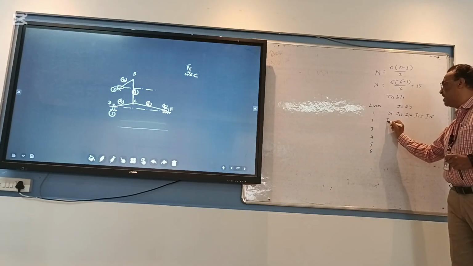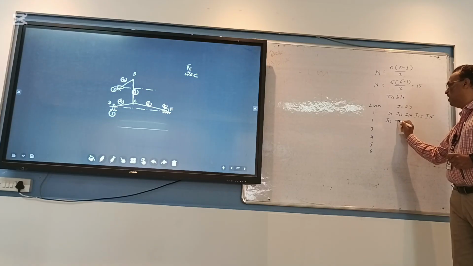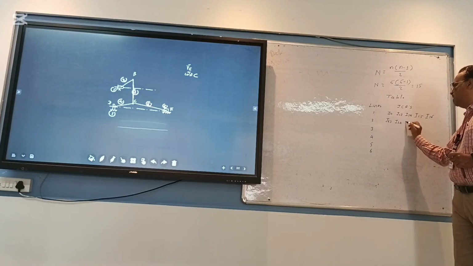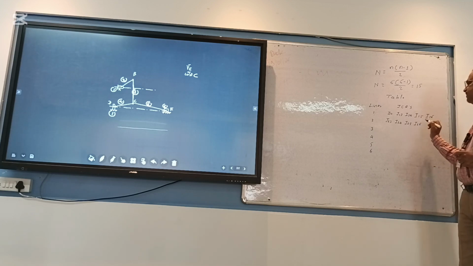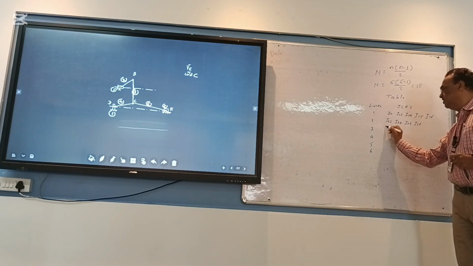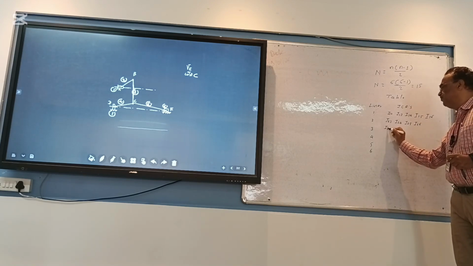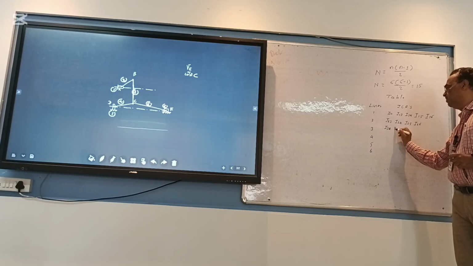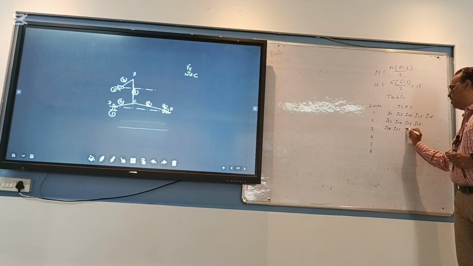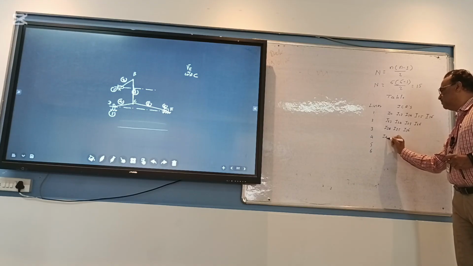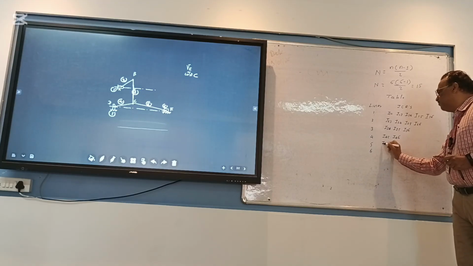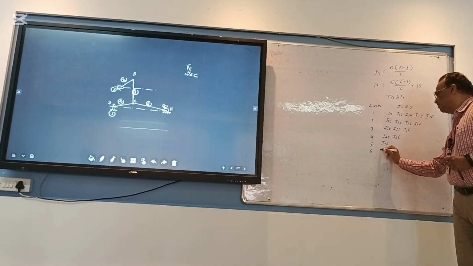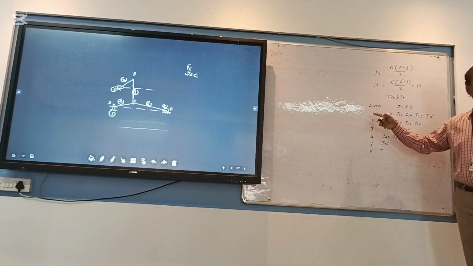So I can write I23, I24, I25, I26. Similarly, the third link's combinations with the remaining links: I34, I35, I36, I45, I46, I56.